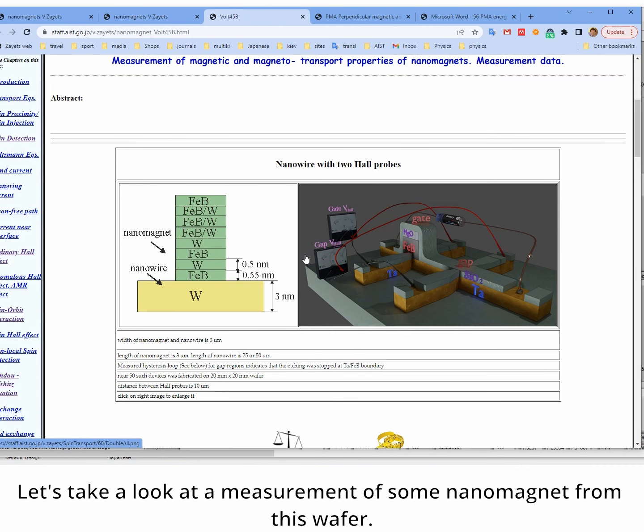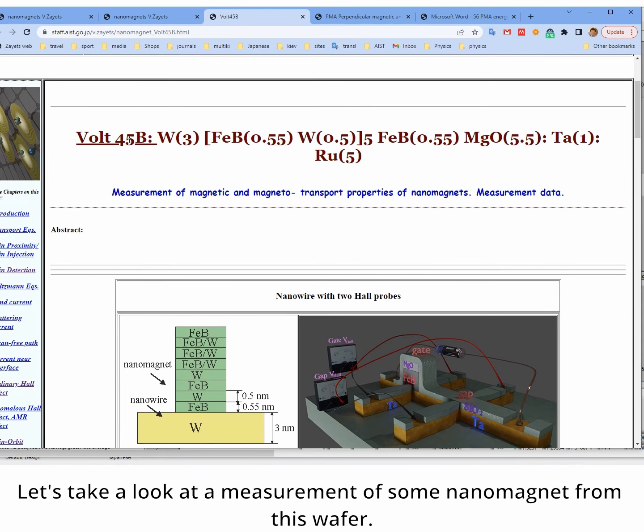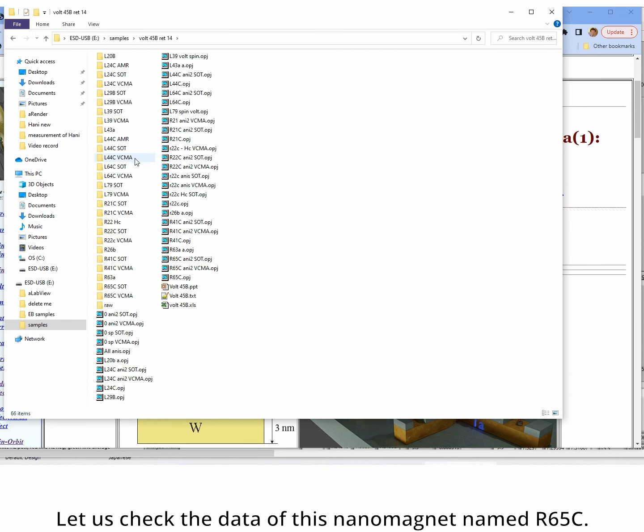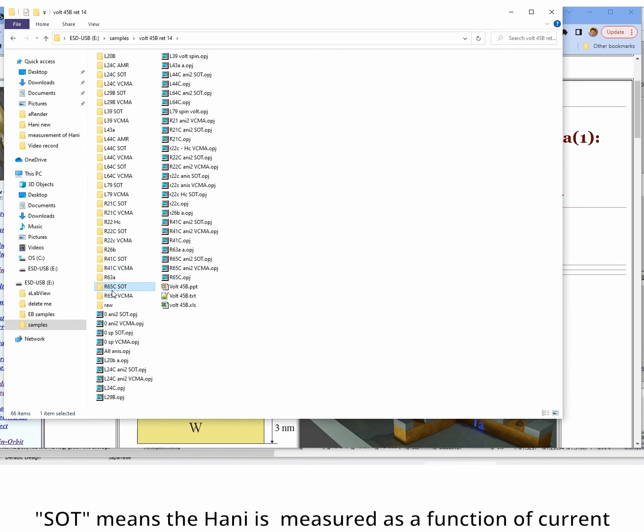Let us take a look at a measurement of some nanomagnet from this wafer, Ha.05a. Just go to the folder with this wafer name Ha.05a. Let us check the data of the nanomagnet named Ha.05a. So it means that the anisotropy field is measured as function of current.